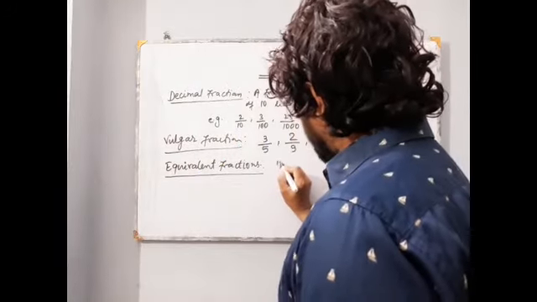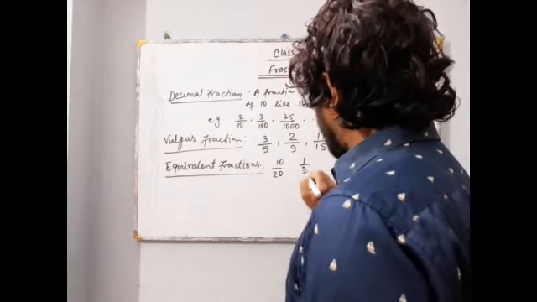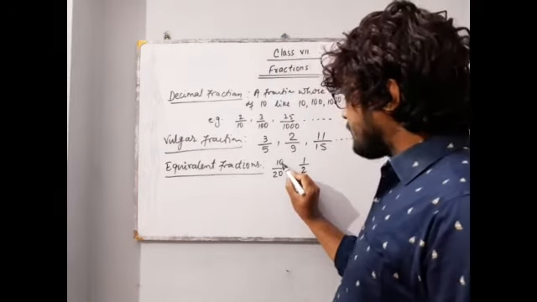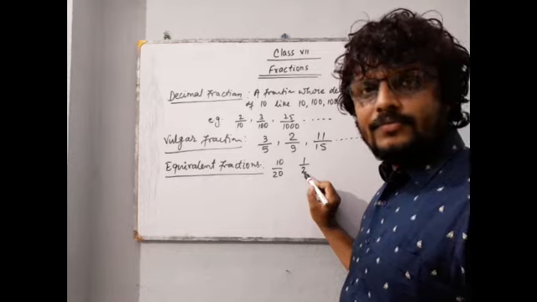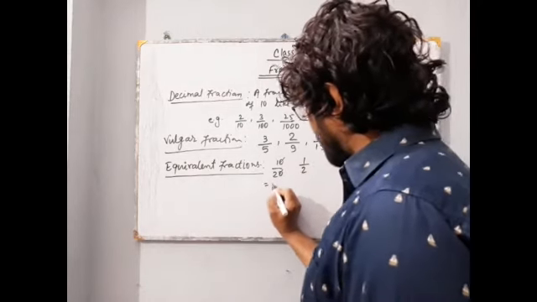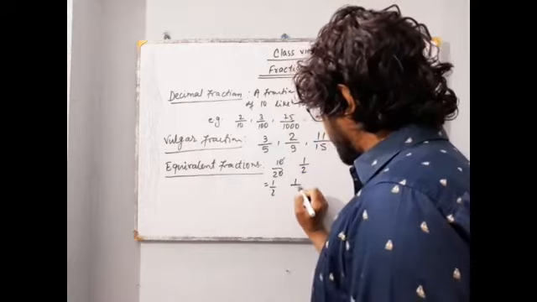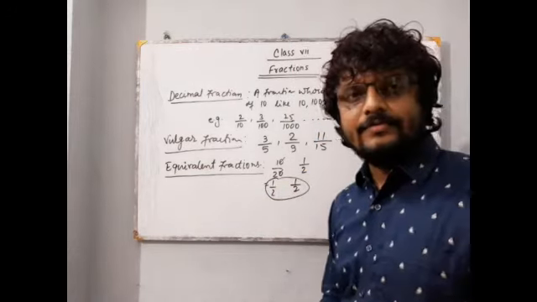Suppose that there is 10 by 20 and there is 1 by 10. We can say that 10 by 20 and 1 by 2 are equivalent fractions. Why I am saying, 10 means 0 0 cancel, we get 1 by 2 and there is fraction 1 by 2. Both are equal. That's why they are called equivalent fractions.